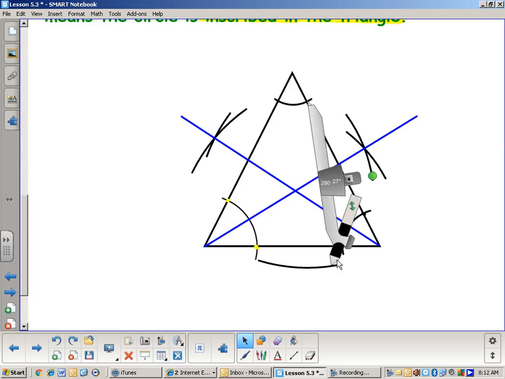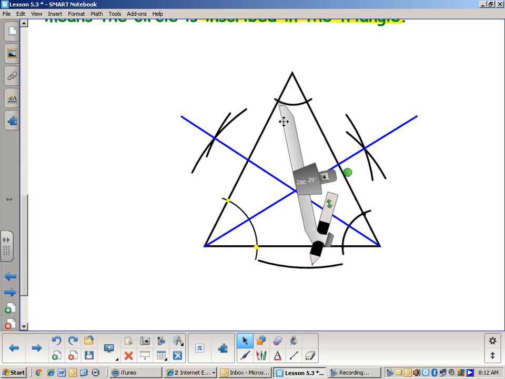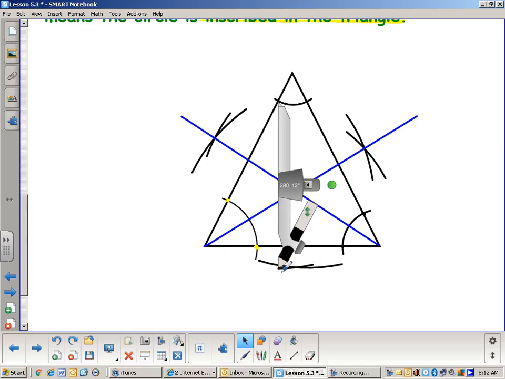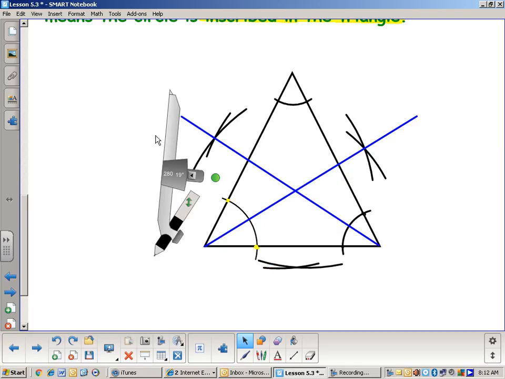Anybody remind everybody else why I'm making this so big? Why am I making my arc so big here instead of just, go ahead, Hunter. So it's not in the triangle. So it's not in the middle of my triangle where the important stuff's going to be when I'm done. Okay? That's exactly right. That's the only reason. So if I come over here, put that on there and draw the other one, I find the intersection.